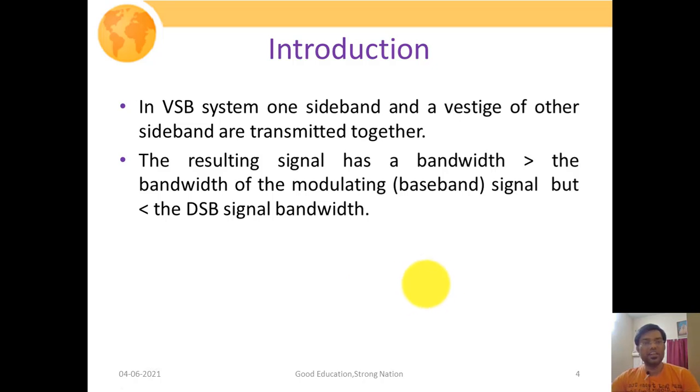So in vestigial sideband system, one sideband and the vestige, or you could say a portion of the other sideband, are transmitted together. So obviously there has to be a certain utility: why do we actually need to transmit one sideband along with some portion of the second sideband?